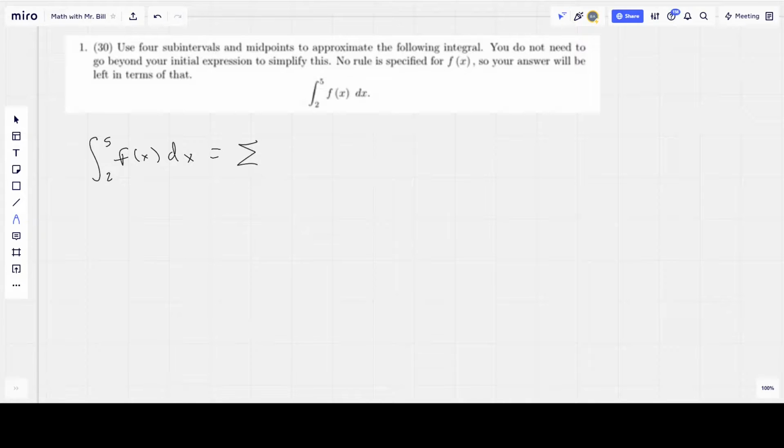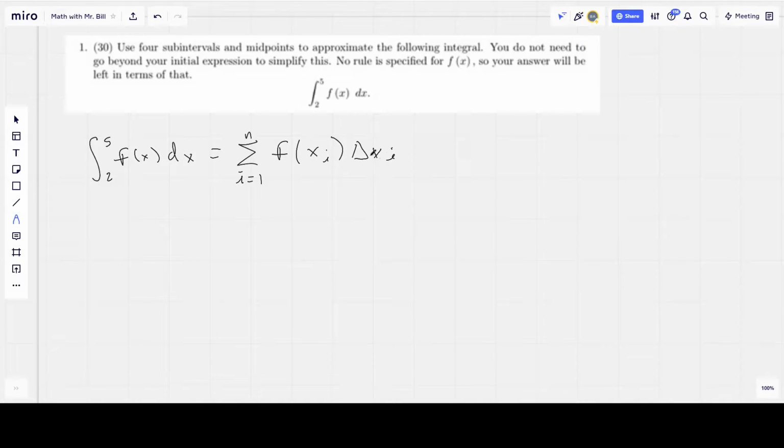It'll be the summation from i equals 1 to n of f of x sub i times delta x sub i, where i is the subinterval we're in, delta x sub i is the width of each subinterval, and the function is going to be the height of each rectangle that we're going to be finding.